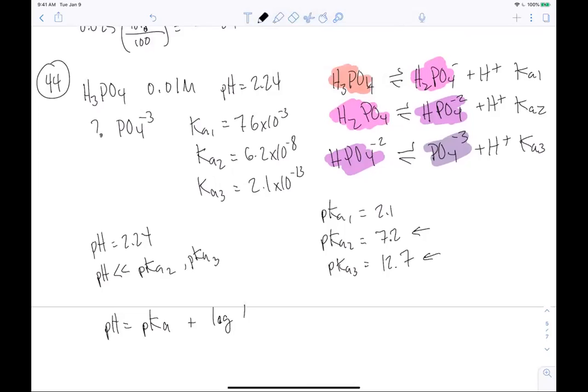Yeah, the longhand way to do it is to calculate how much H2PO4 you'll have at a pH of 2.24 for this first one, and then take this value and plug it in here, and calculate how much of this you'd form. Then you could take that value and plug it in here and see how much of that you form.